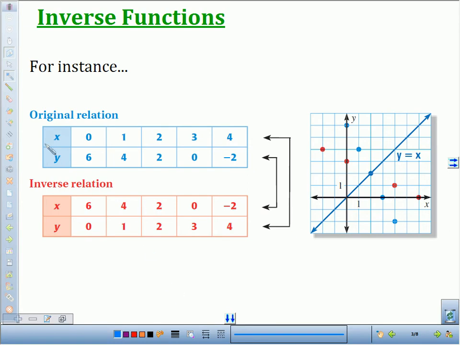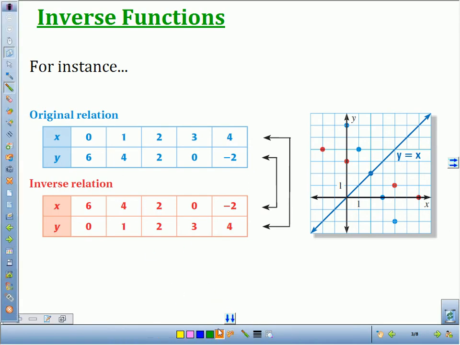And what I'd like you to notice is that these two relations are reflections of each other along the line y equals x. This is the line y equals x. And all of my points are reflected from the original to the inverse on this line. So this point here in my original relation is reflected to this point here in my inverse relation.